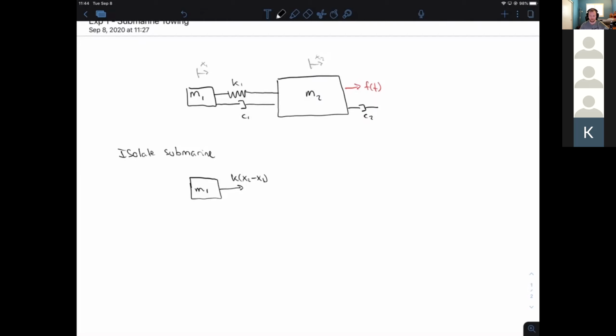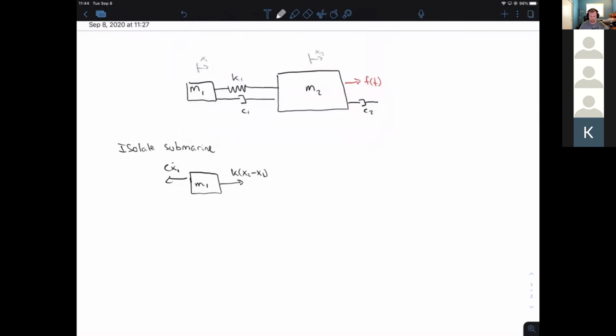So we need to account for what we had up top here, where we had our spring right there, but we need to take into account the towing ship. Okay, and then we're going to have C x dot 1 for the damping. Okay, and then I'm going to draw the coordinate axis once again. So we have x1, that's going to be the positive direction. Okay, so we have our basic FBD.